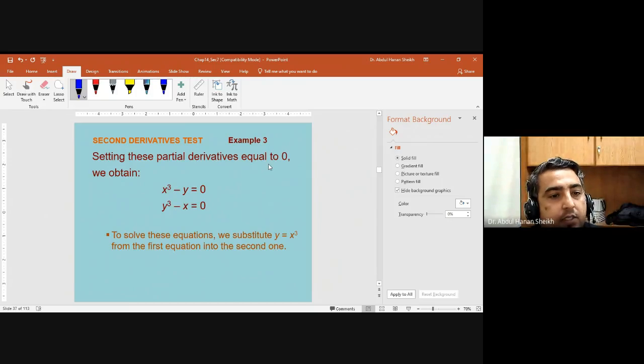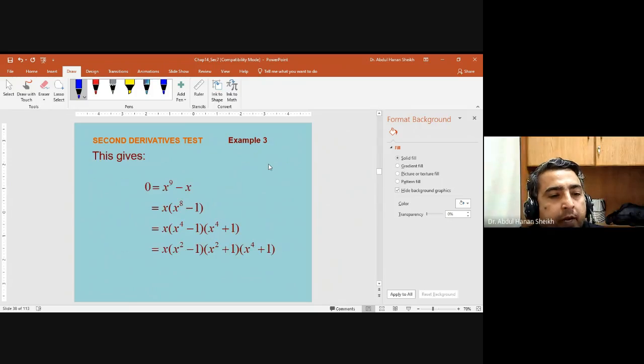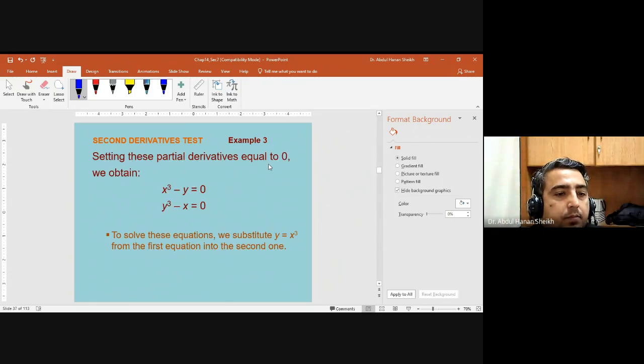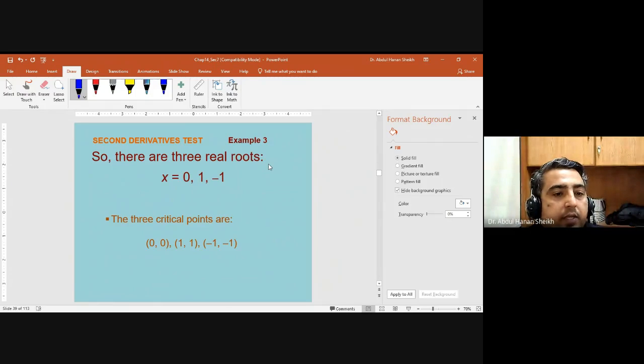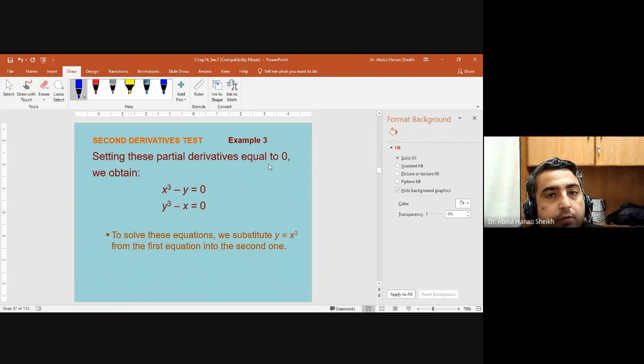Solving these equations, we will get x equal to 0, x equal to 1, and x equal to minus 1. Now you will be wondering how we can solve this. From the first equation, this implies y is equal to x cubed. Now put it here.